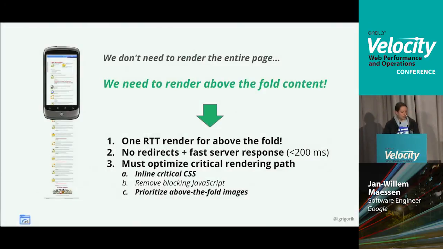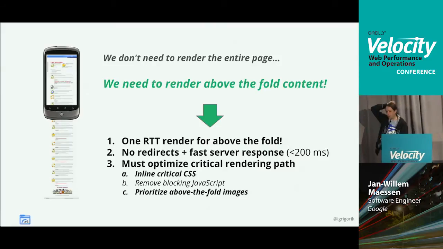All right, so that seems pretty bad, right? It seems like we're not going to be able to achieve this aspirational goal of rendering a page in 1,000 milliseconds. But wait, we don't need to render the entire page, right? We only need to render the part that the user is going to see.